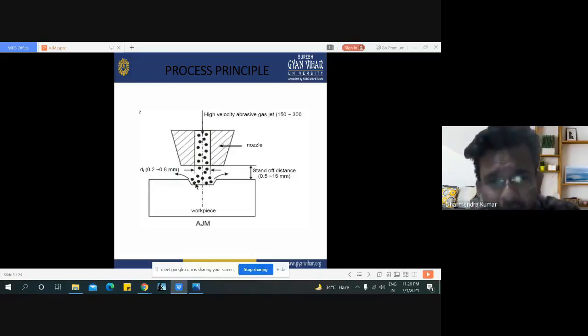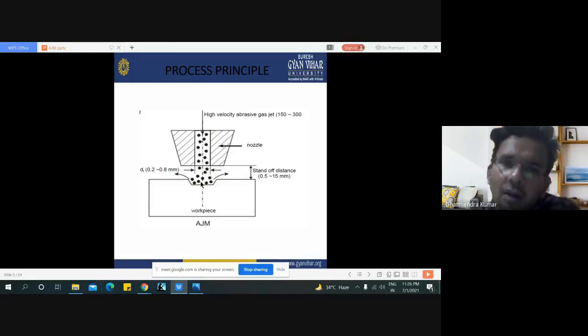After the fracture takes place, the continuous flow of high velocity gas or air is capable of removing the extra fractured component from the workpiece. Then machining is done vigorously on the workpiece, and finally we get our desired result.